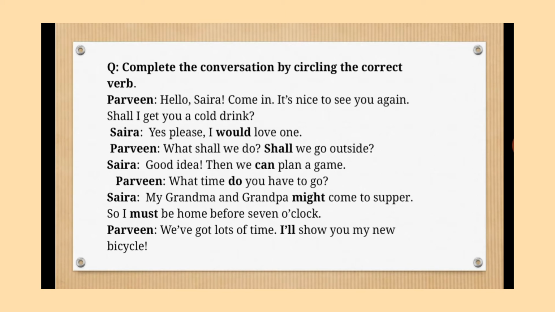Do is here the correct verb. Circle it. Saira: My grandma and grandpa might come to supper. Might shows the assumption, possibility. When you are not so sure about the possibility, you use may or might.